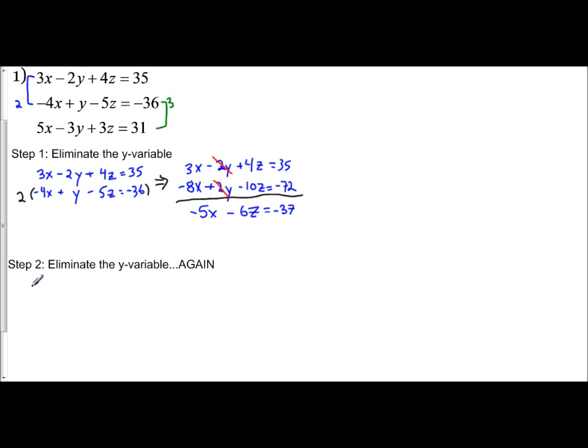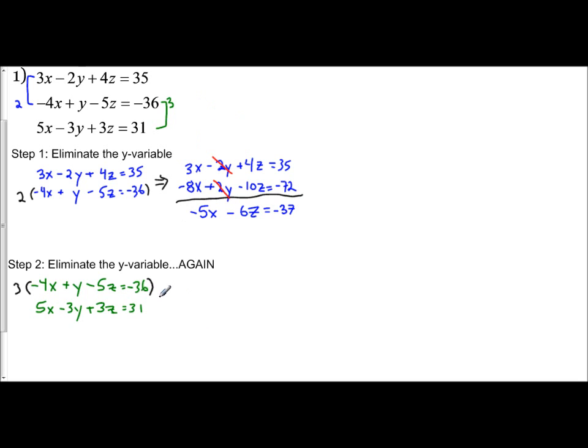So in that first equation of negative 4x plus y minus 5z equals negative 36, I'm going to multiply that, we said, by a positive 3. And the reason why is because that's going to help me eliminate the negative 3y in that bottom equation of 5x minus 3y plus 3z. Again, look at how I'm lining my variables up in columns, equals 31.